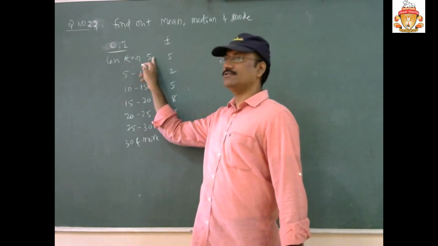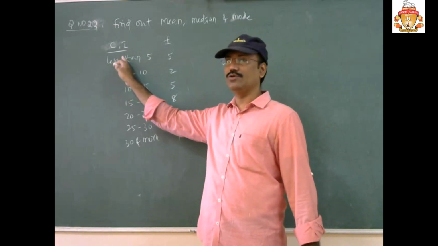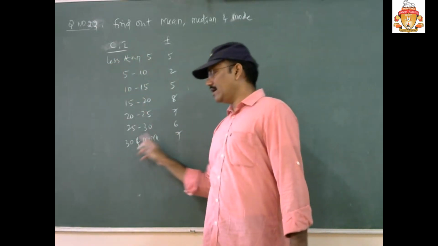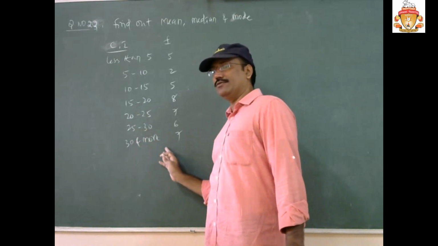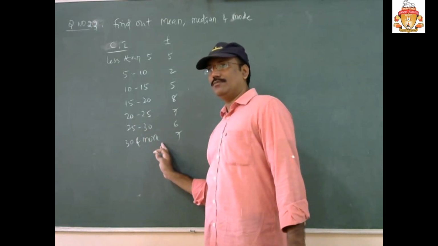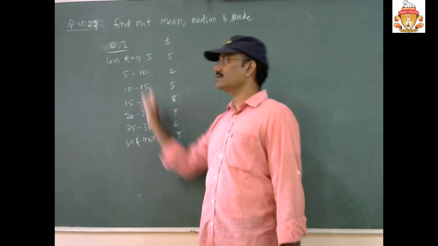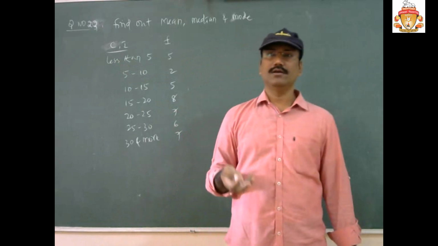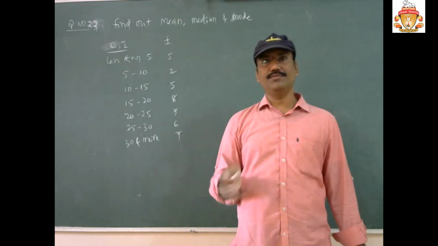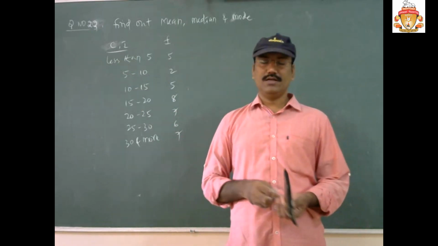Less than 5 means 0 to 5. 30 and above means what? There is a difference of 5, so after 30 you have to add the 5, that 35 is the upper limit of the last class. So if the upper limit of the last class and lower limit of the first class are not known, it is an open-ended class interval. If they ask you in an exam, you write the same theory. What is an open-ended class? The first class lower limit and the last class upper limit are not known.